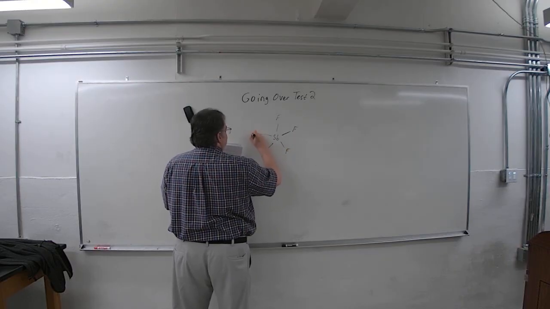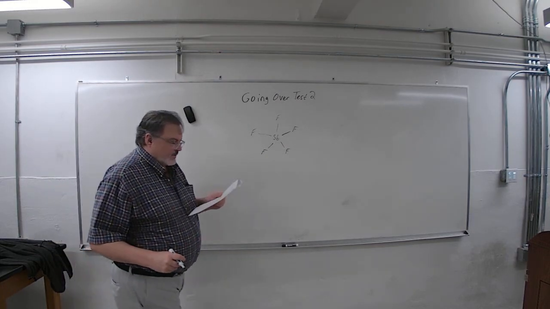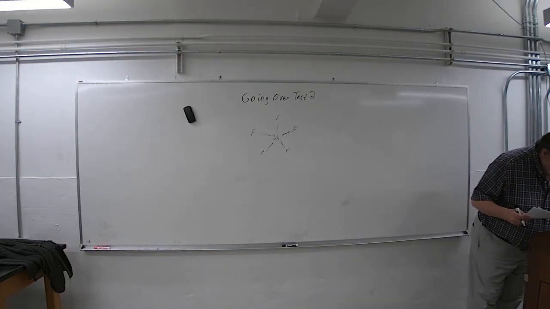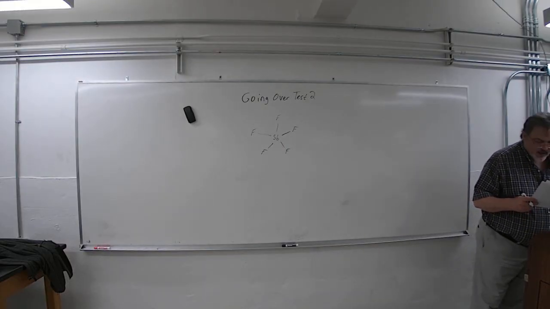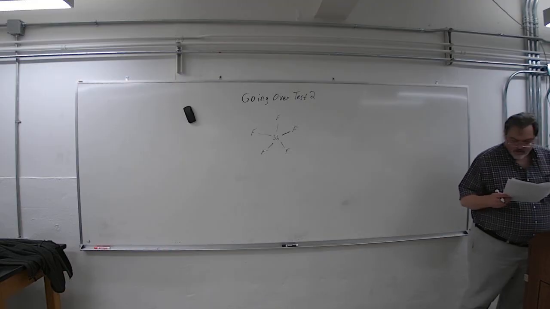So when there's 5 things around it, and all of them are atoms, it's trigonal bipyramidal. You said it was seesaw, right? Yeah. E, 11 is B.